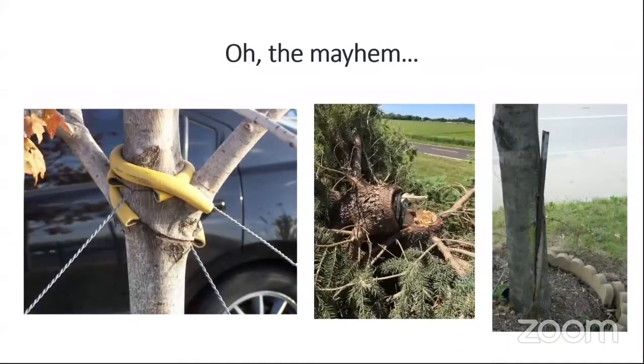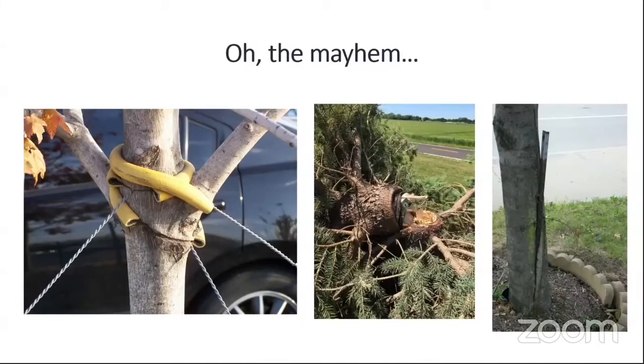Oftentimes they're forgotten, and as a result we see the stem and trunk girdling to the point where they actually break off if we leave the wires on too long. And then we need to remember to also remove the stakes or the T-posts that are involved in the staking system. This one has actually grown into this maple completely and is unable to be removed.